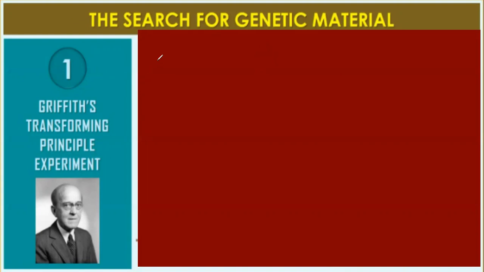So in the experiment 1, what happened, guys? In the experiment 1, he took live S-type bacteria and put it along with the mouse.